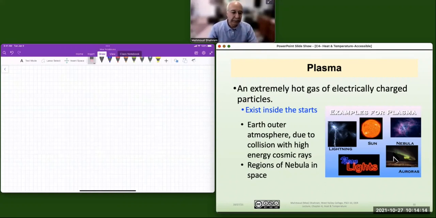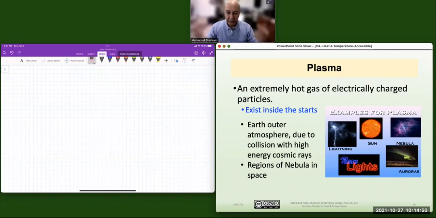Other examples are auroras, as I mentioned, in the northern or southern hemisphere, when high energy particles are hitting the molecules of the atmosphere, they ionize them and energize them. They move around, and once these ionized or charged particles are moving or oscillating, they emit light.